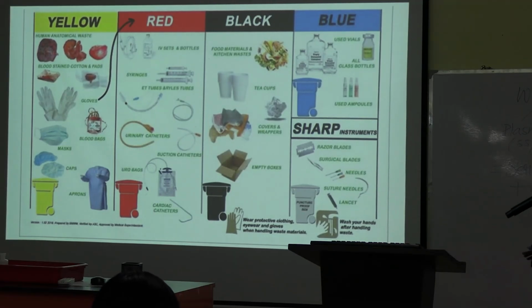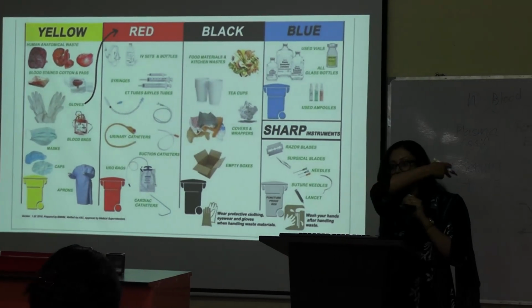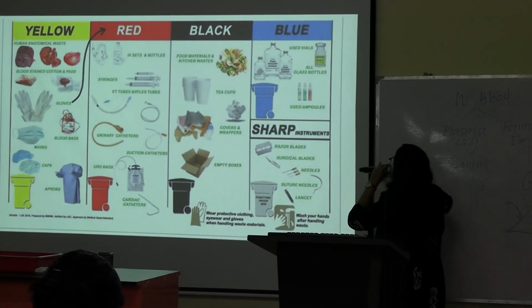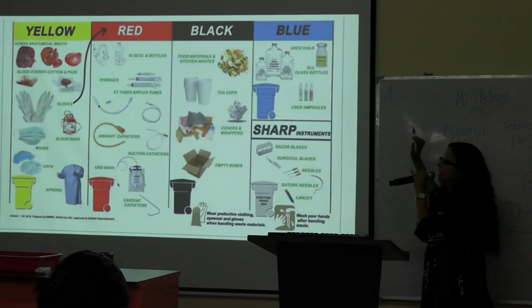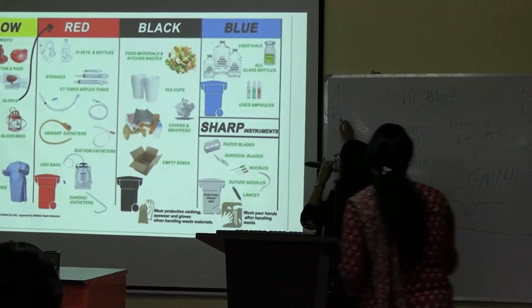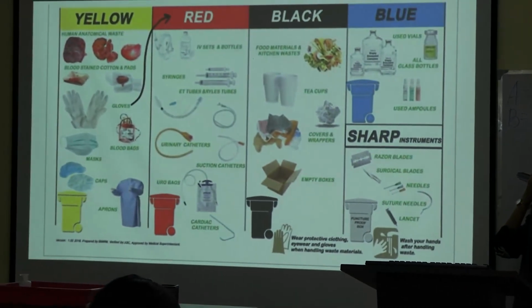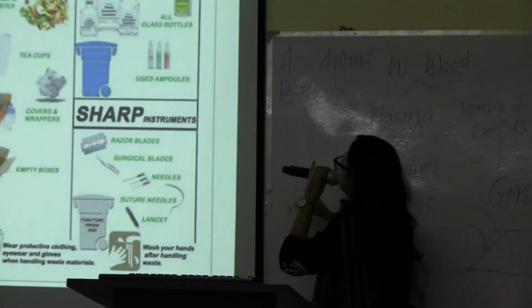So for yellow, the mnemonic starts from A. A is animal waste, you can write it down. B is body, meaning human body waste, alright.